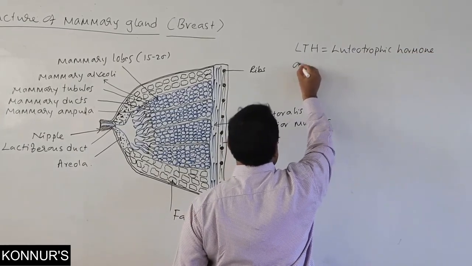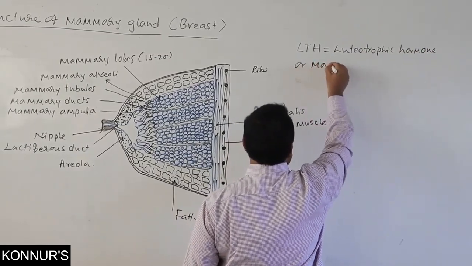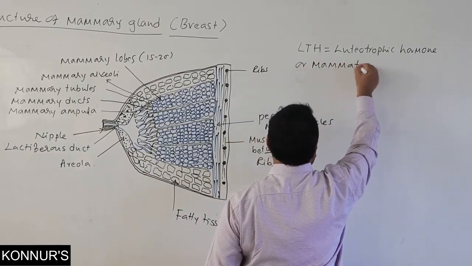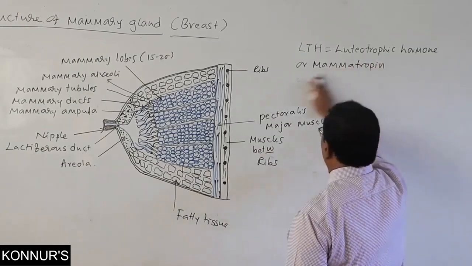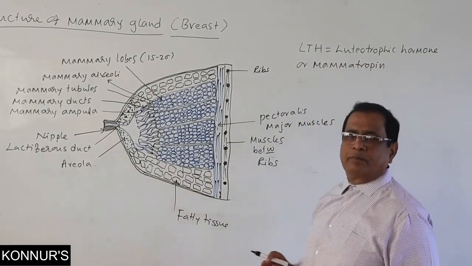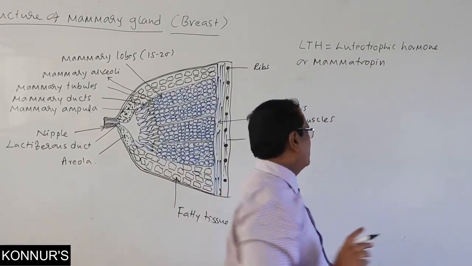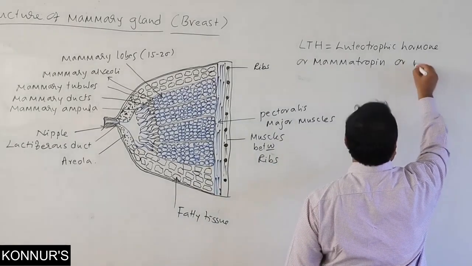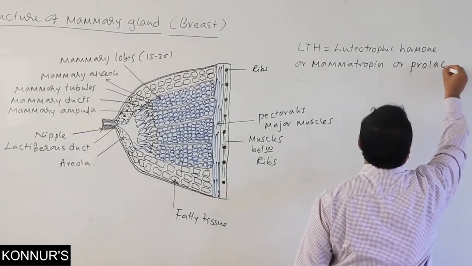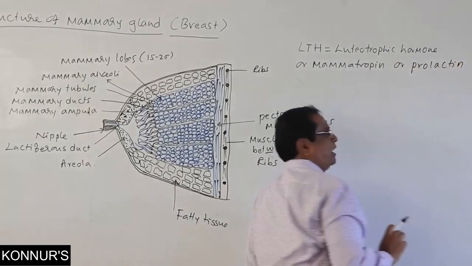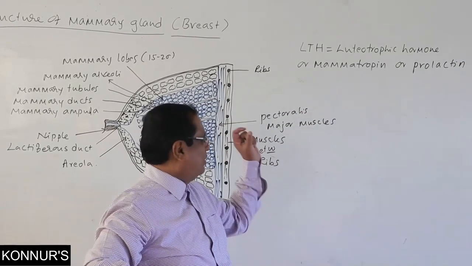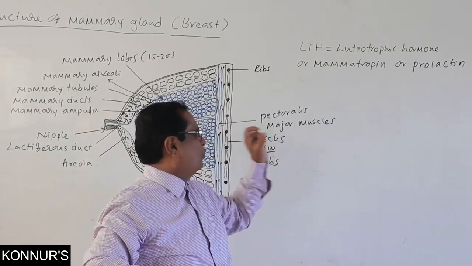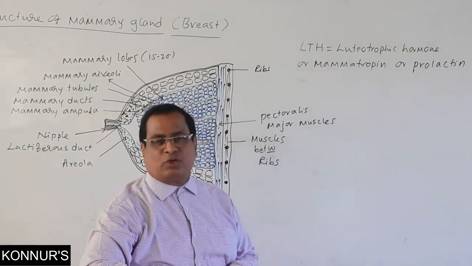Luteotropic hormone is also named mammotropin or prolactin, a pituitary hormone.